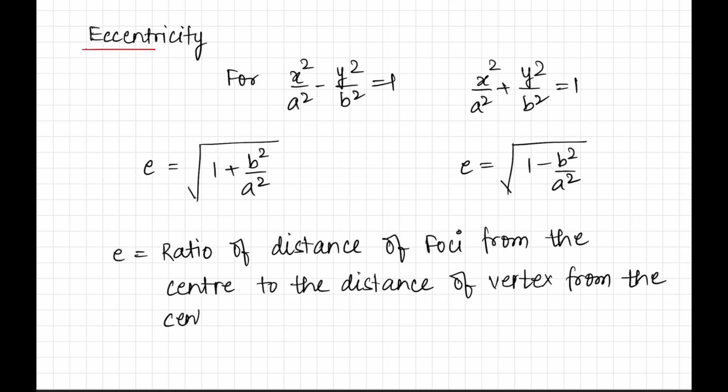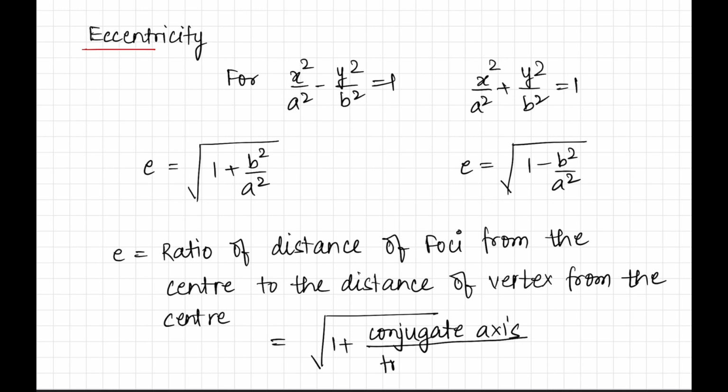This is the other way to understand the value of eccentricity, and this can also be written as square root of 1 plus (conjugate axis upon transverse axis) squared. So this is how the value of eccentricity is in the case of a hyperbola.